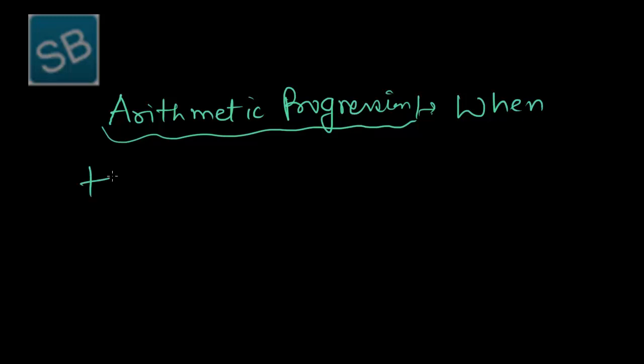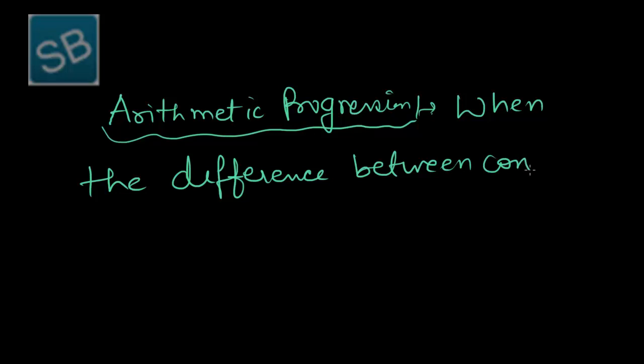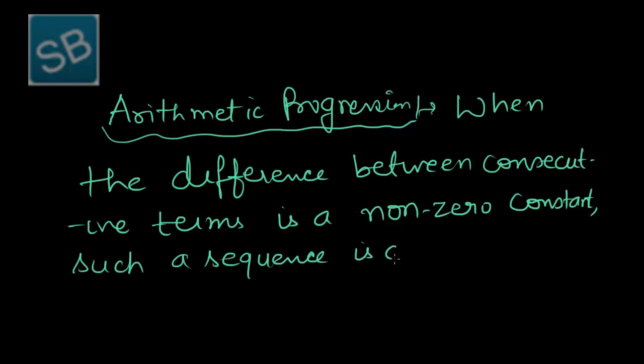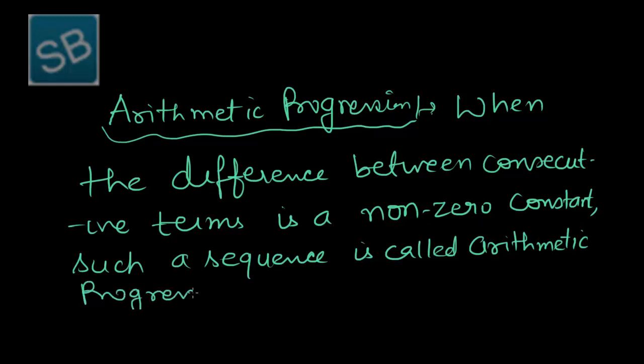When the difference between consecutive terms is a non-zero constant, such a sequence is called arithmetic progression, that is AP sequence.